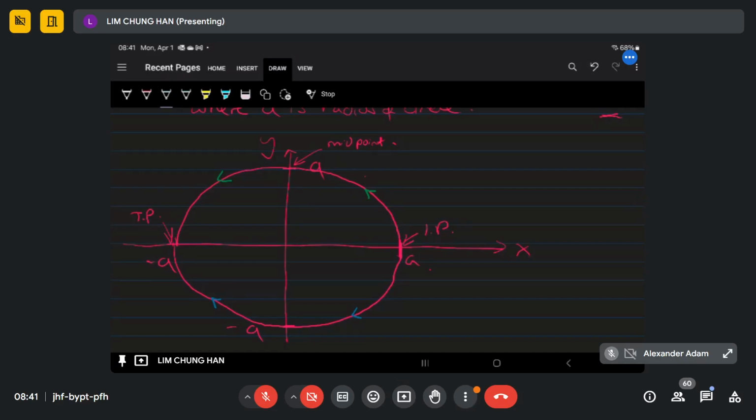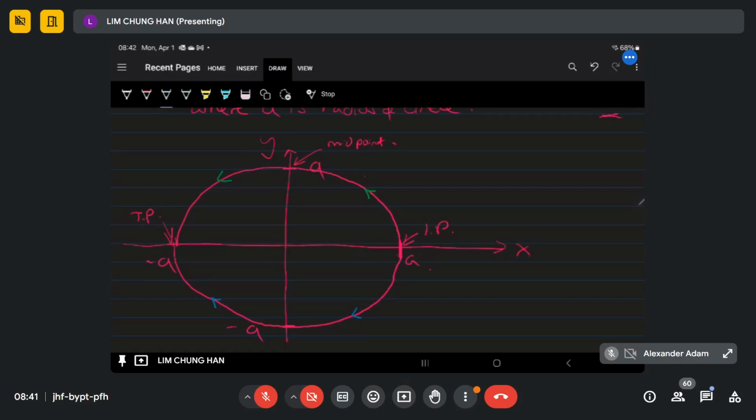Which one is it? Green. Because you start at the initial point, you know the midpoint is (0, a), and then it terminates at (-a, 0).